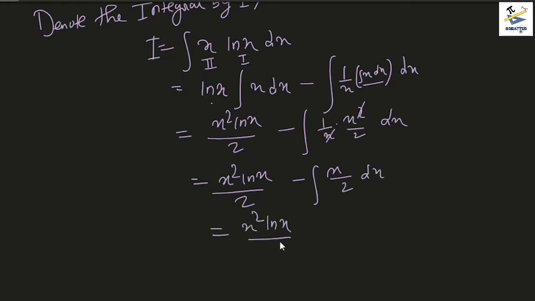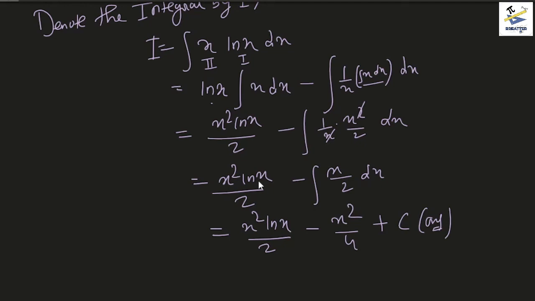So it is x square log x by 2 minus x square by 4. Now we can include a plus c to complete our answer. So x log x could not be evaluated otherwise. The only way is to guess the function whose derivative is x log x, which is kind of impossible. So we do not really need to follow that strategy, obviously, but this would give us the answer, right? Okay.